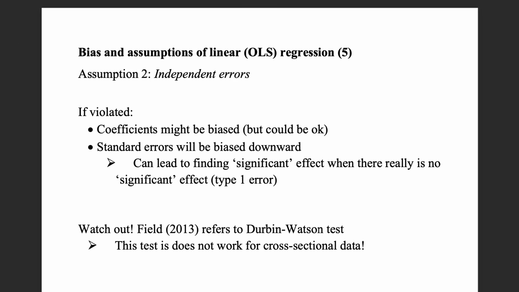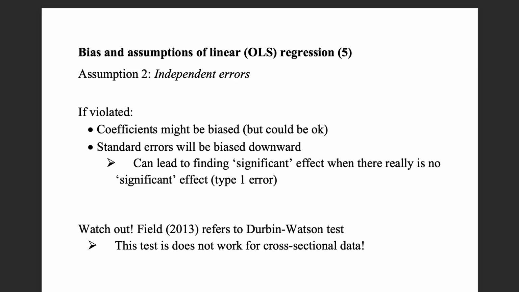Now, just one thing, if you're using the previous edition of the Field book, which is completely fine, there isn't that much difference between the two versions. One of the things that thankfully got fixed is that the 2013 version of the Field book suggested using the Durbin-Watson test to test for a violation of the independent error assumption. You can, but that only works with time series data, not with cross-sectional data.